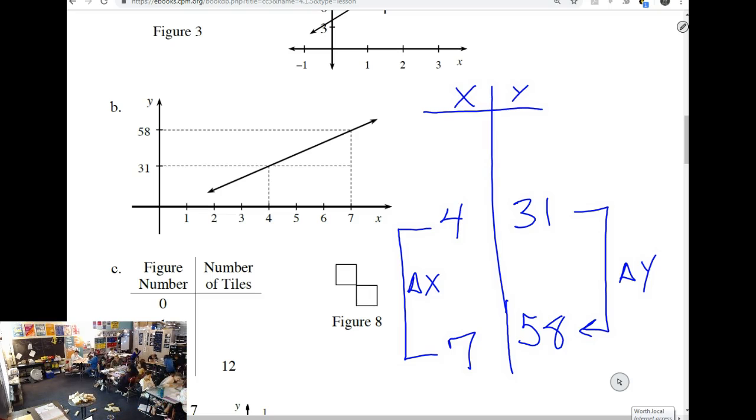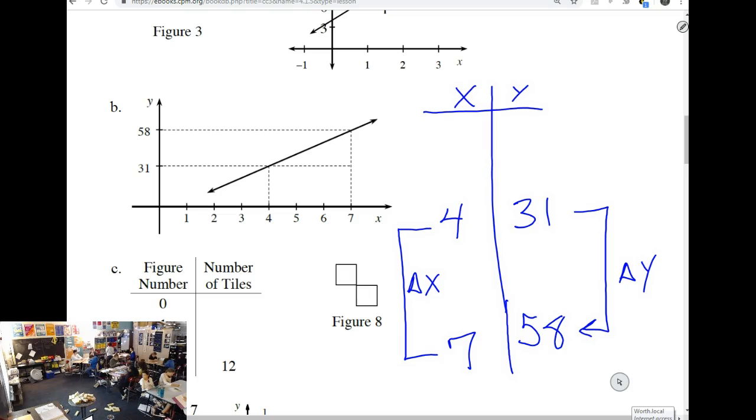Wait, are you on B or C? I'm on B right now, and wait, where'd you get 2? I'm trying to figure out what offended. So 4 to 7 is 31. This is 8. Right. 58 minus 31 is 27. Okay. That's the delta y. Then the delta x is from 4 to 7.